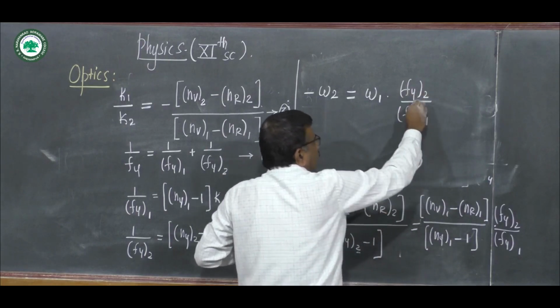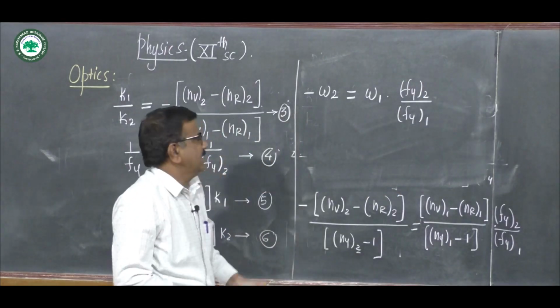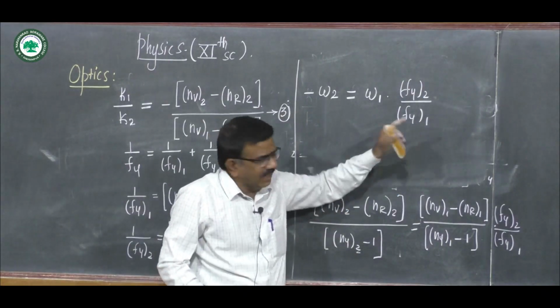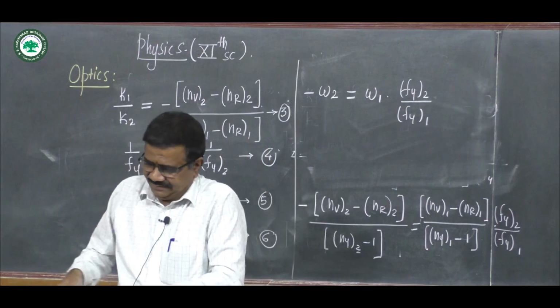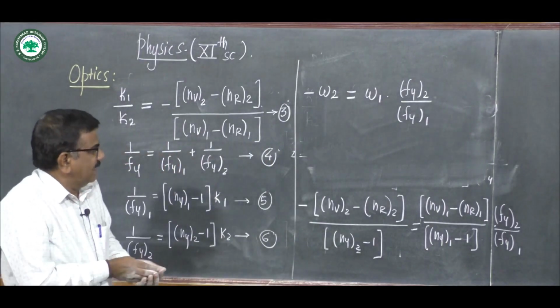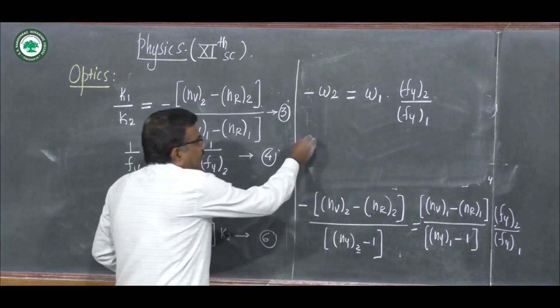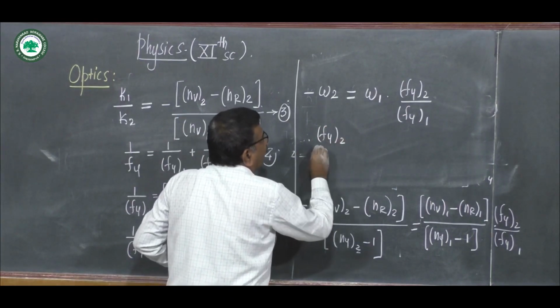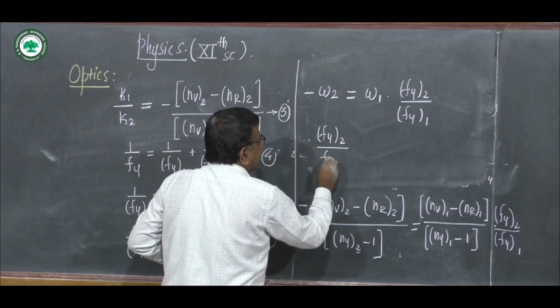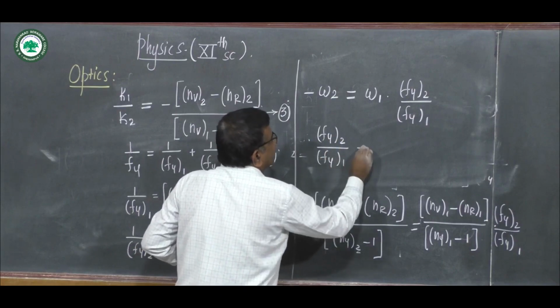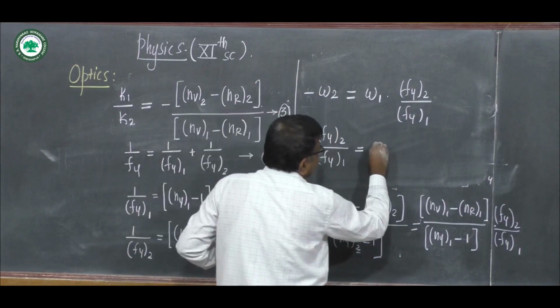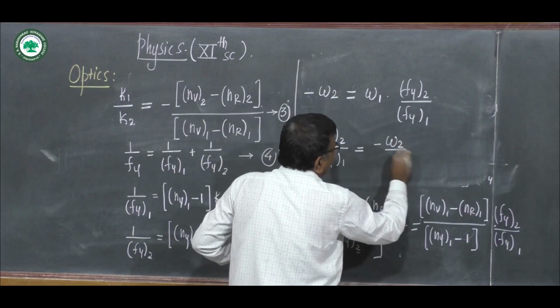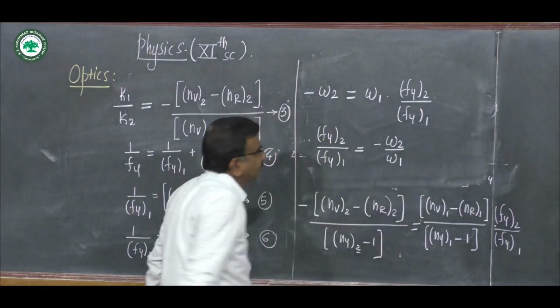Focal length of yellow for second lens, focal length for yellow color for the first lens, and hence Fy2 upon Fy1 is equal to minus omega 2 upon omega 1.